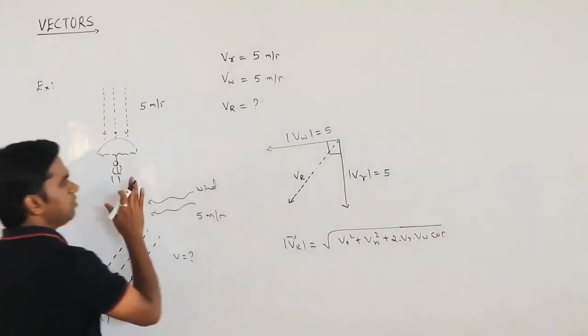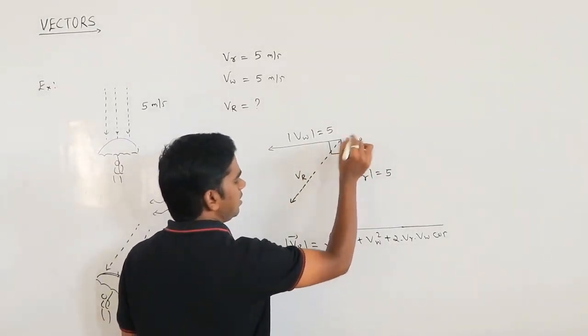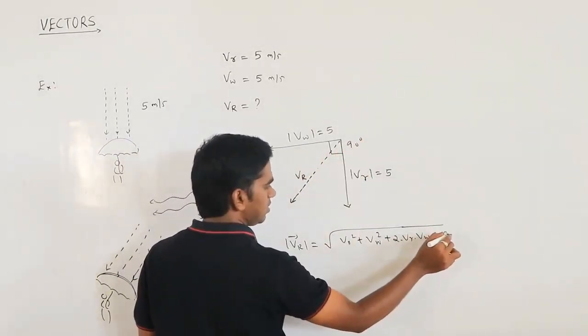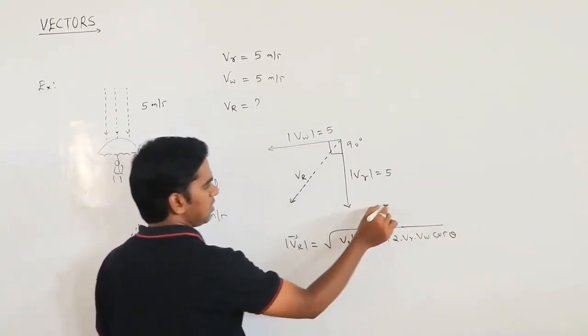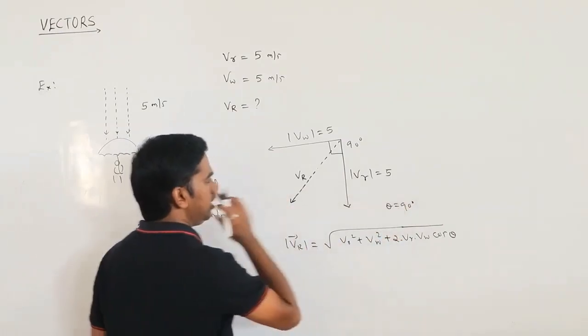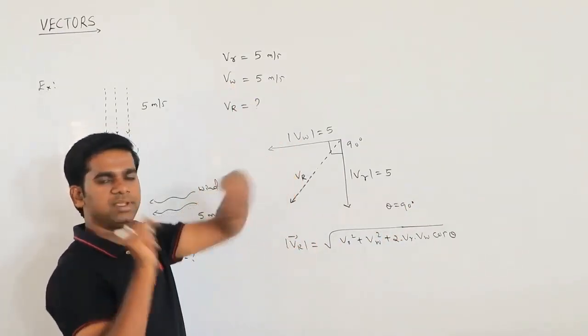They are perpendicular to each other. So angle between those two is what? It is 90 degrees. So we have to write here theta equals to 90 degree because they are perpendicular. Rain is vertically down, wind is moving horizontal.